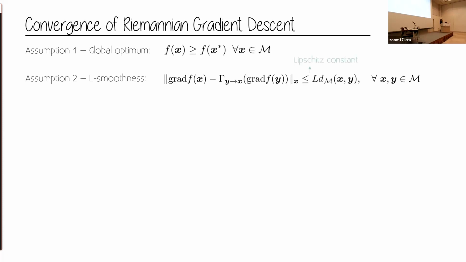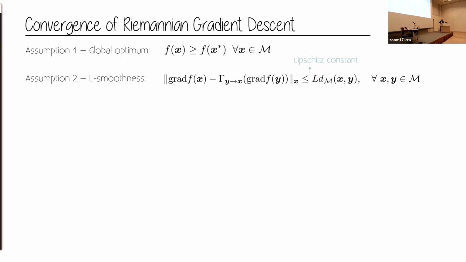The second assumption that we have to make is the L-smoothness assumption. This is a generalization of the L-smoothness assumption in Euclidean spaces to Riemannian manifolds. The idea is that your function f should be differentiable, and its gradient is L-Lipschitz. Intuitively, this means that the function is continuously differentiable, and the rate of change of this function is limited.